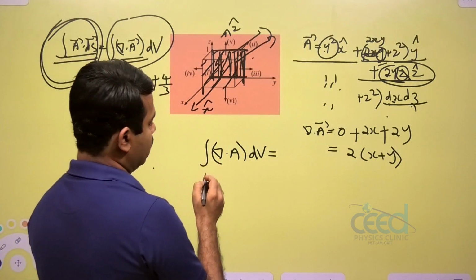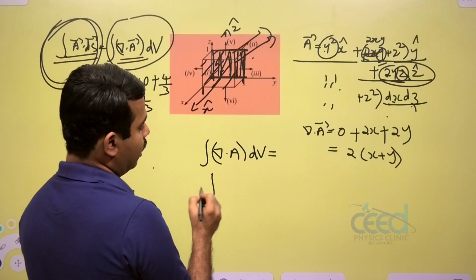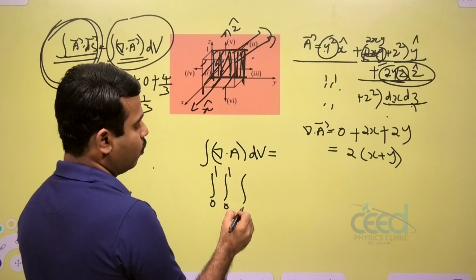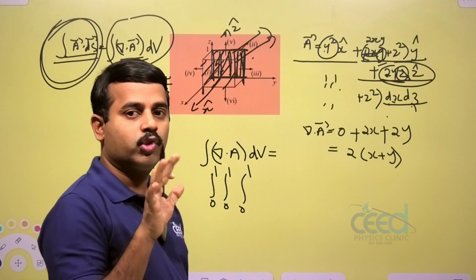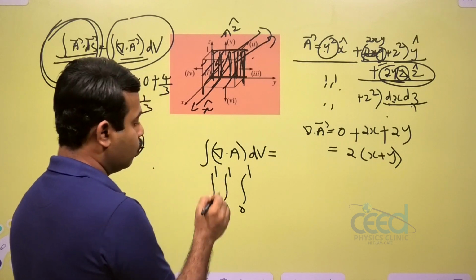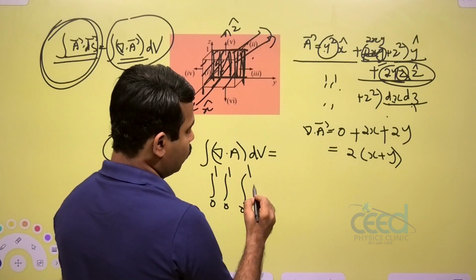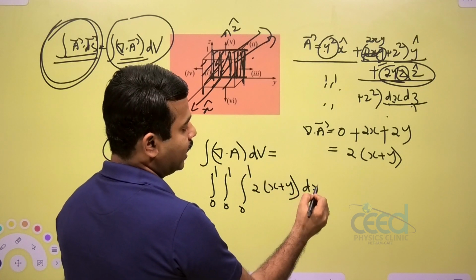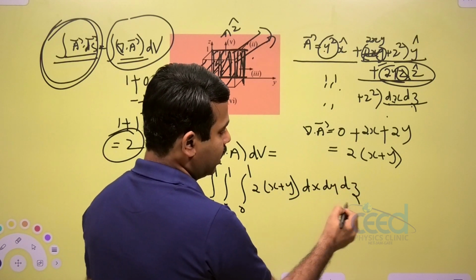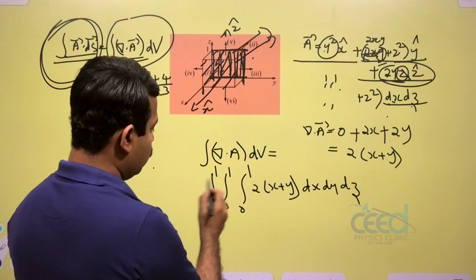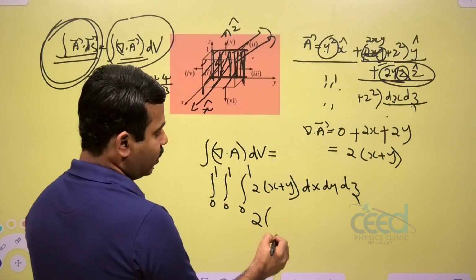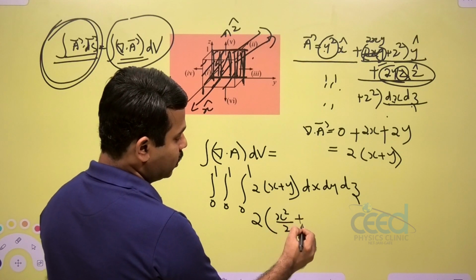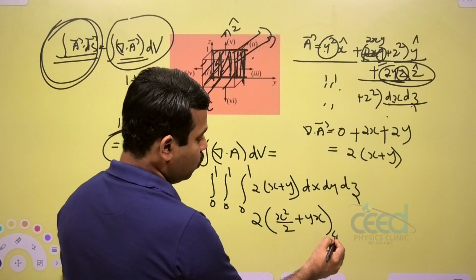Now I am substituting these. This is a volume integral, so for a cube the x, y, z coordinates vary 0 to 1, 0 to 1, 0 to 1. What is the value? 2 into x plus y. What is the volume element? dx dy dz. Now I am taking the 2 out, and first with respect to x, I get x square by 2 plus yx, from 0 to 1.